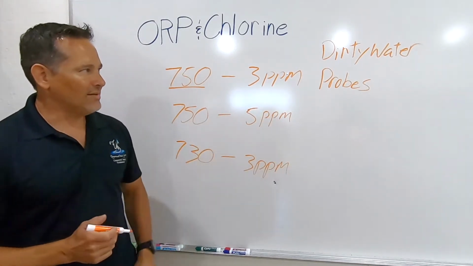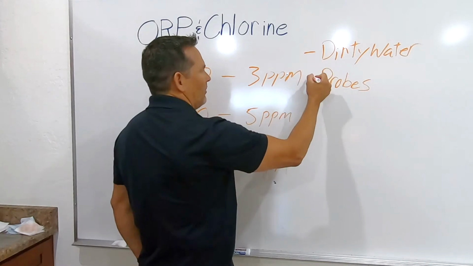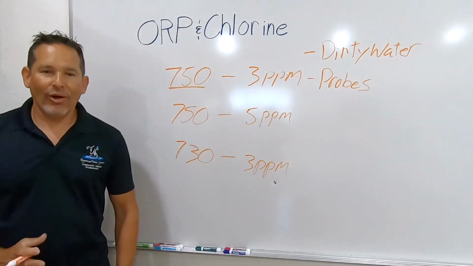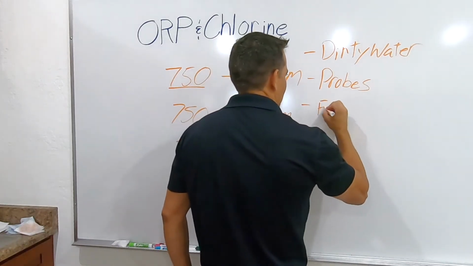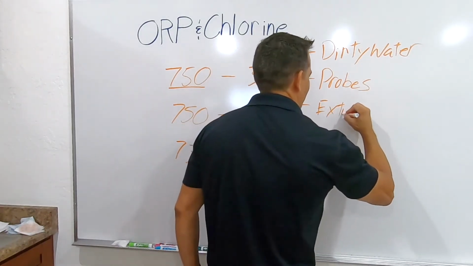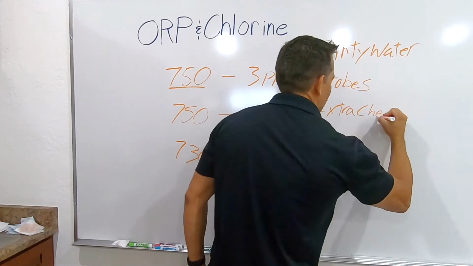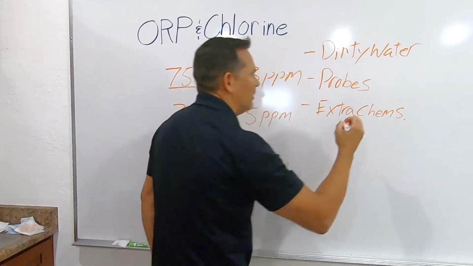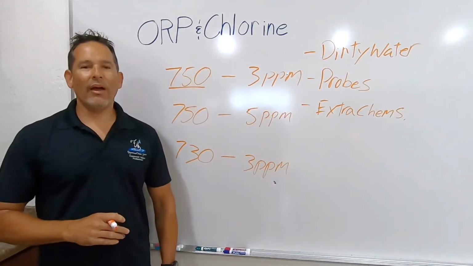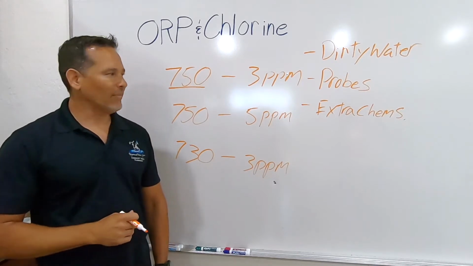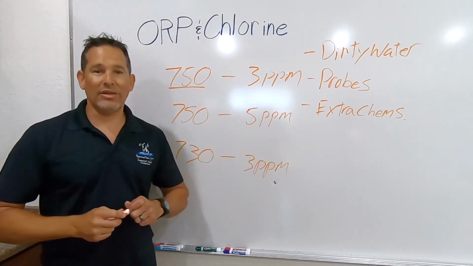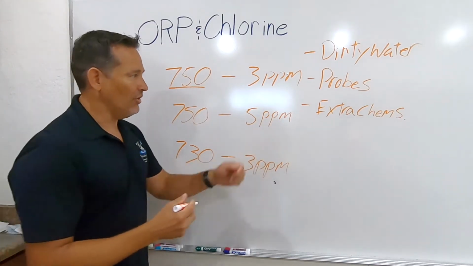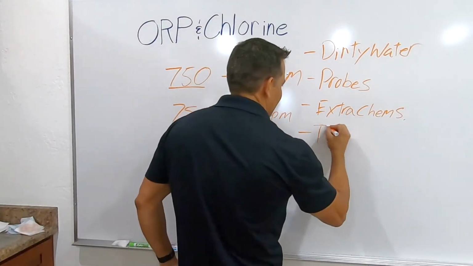The other thing, not to mention just dirty water and dirty probes, is also extra chemicals. When you have a buildup of chemicals over time, it's inevitable that your TDS is going to go up, which is going to read as TDS.